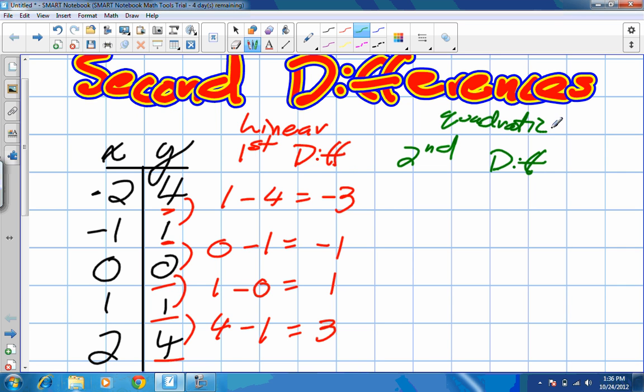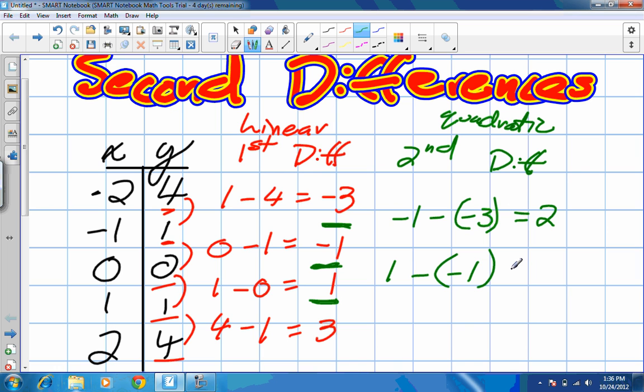Okay. So we do the same method, but in this case we use the answers we got in the first one. So we take the -1 and the -3. -1 subtract -3. What's that going to give us? +2. Our next pairing is 1 subtract -1. What do we get? 2. And then we take our next term, 3 subtract 1.